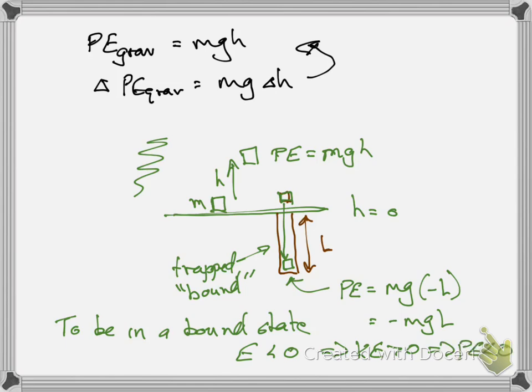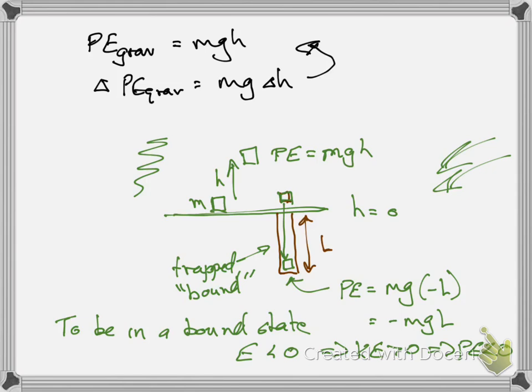So we can define our h equals 0 to be a convenient place which tells us about what's bound and what's unbound. In this case, for a mass on the ground, we think about something that's trapped when we're in a hole, and not trapped when we're out of the hole. So we'll define h equals 0 at the surface of the Earth, and that defines our bound versus unbound states.